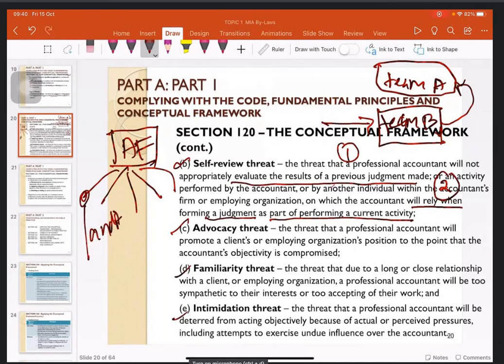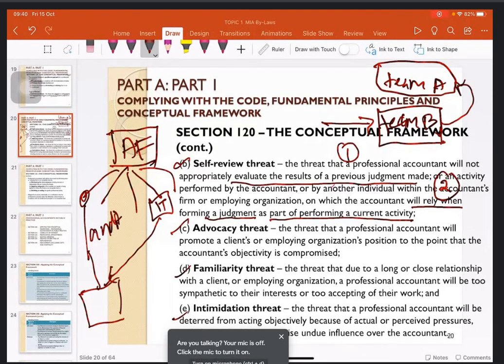Katakanlah bahawa sini consultancy ke ataupun IT also provide service kepada client ni. Later on, bila kita conduct the audit, kita akan review on dia punya IT system, and which the IT system provided by our audit firm. Okay, that one also being considered sebagai self-review threat. Faham ya kelas ya?